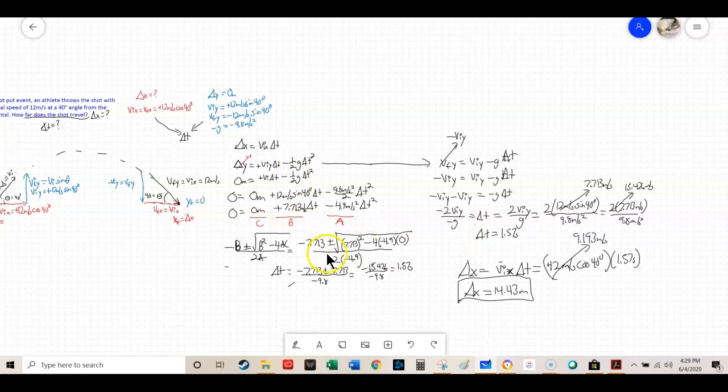You just do the quadratic equation, stick with what you know. But this one you have to think a little bit about, and you find out that the negative initial velocity is the final velocity. That's a much easier and a much quicker way to solve for the delta t. Okay, so that's how to do that problem.